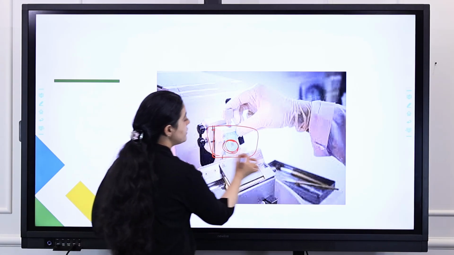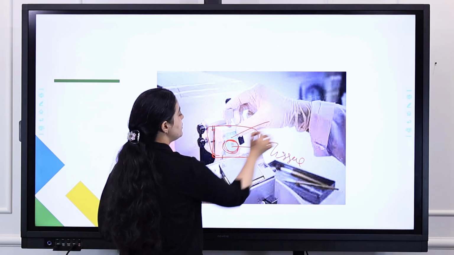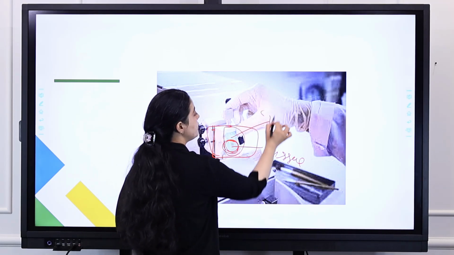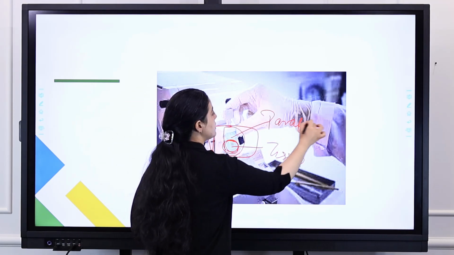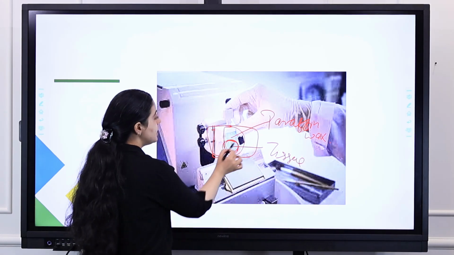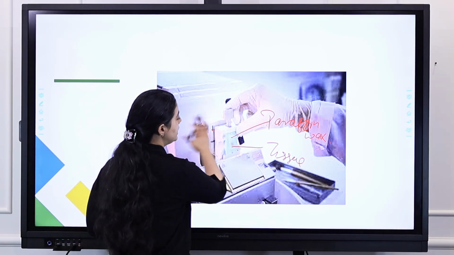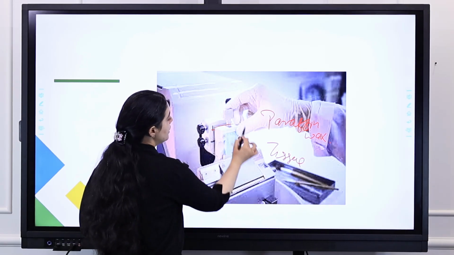This yellow spot is our tissue, and this white area is our paraffin wax. So like this, our tissue is embedded in this paraffin wax, and like this we make a block.